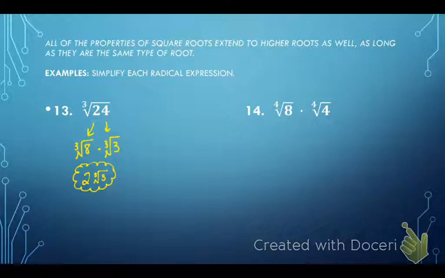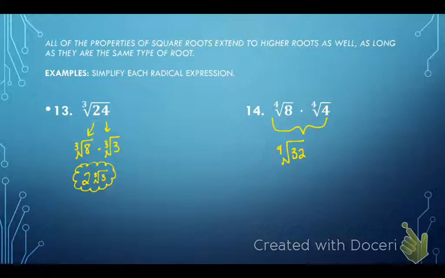Now, again, there are multiple options of doing this. The way we did it yesterday is we would have put it together and had the fourth root of 32. Then I would have to go to my perfect fourths: 1, 16, 81.